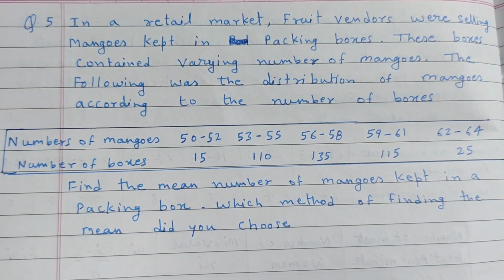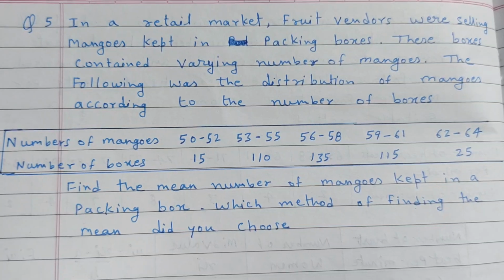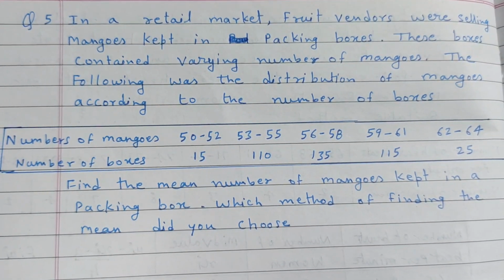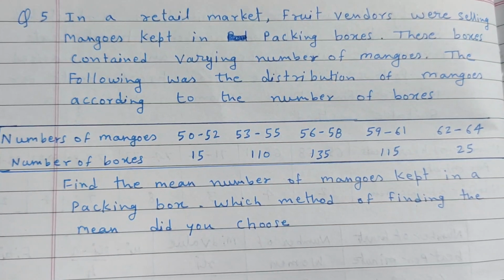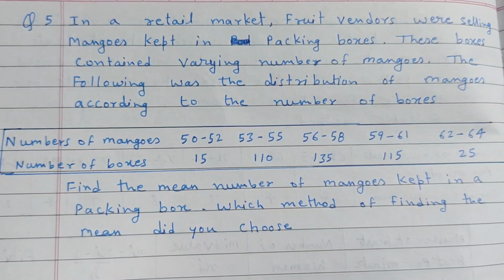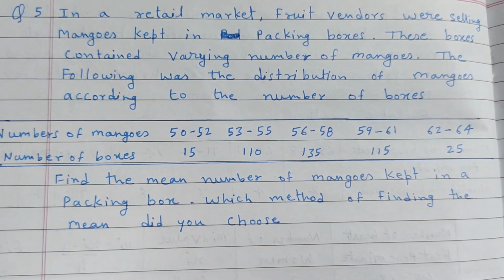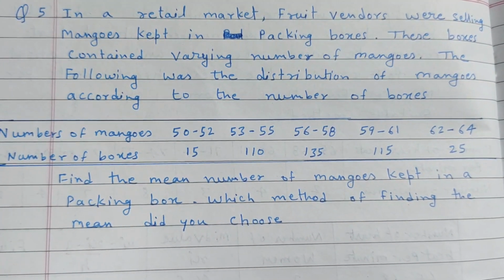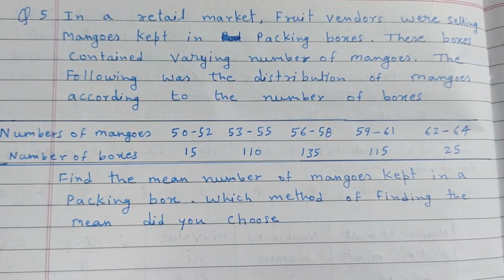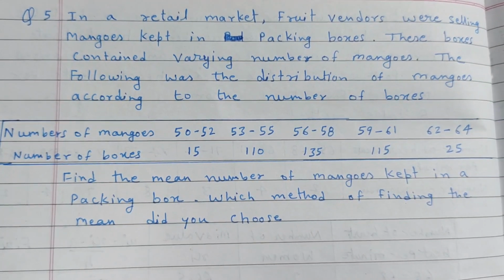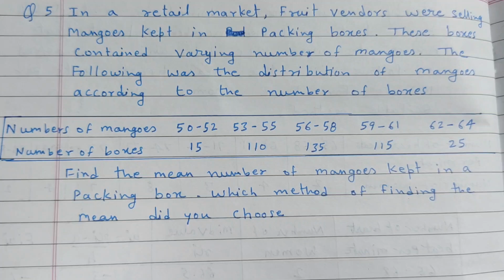Number of mangoes 50 to 52: 15 boxes; 53 to 55: 110; 56 to 58: 135; 59 to 61: 115; 62 to 64: 25.